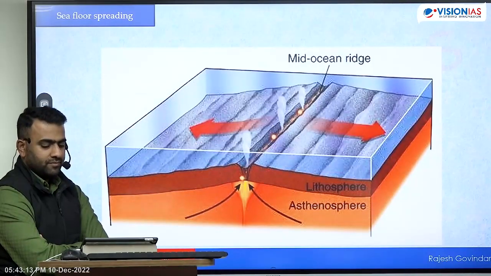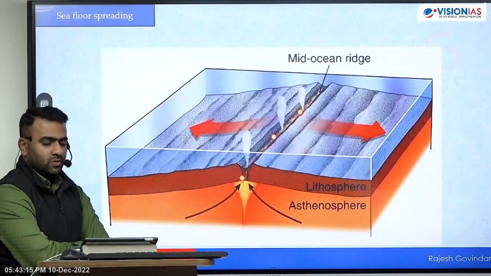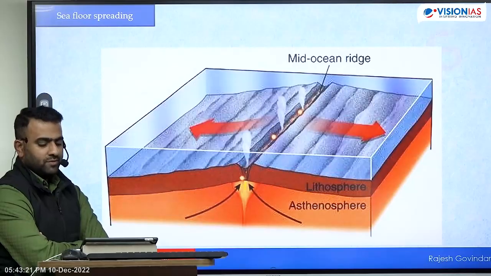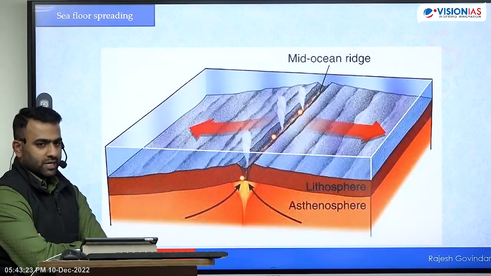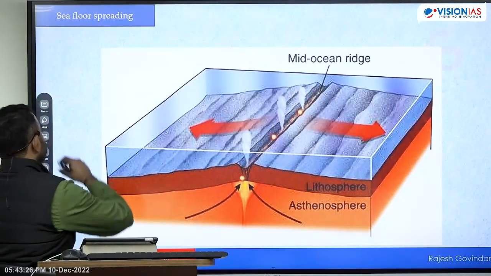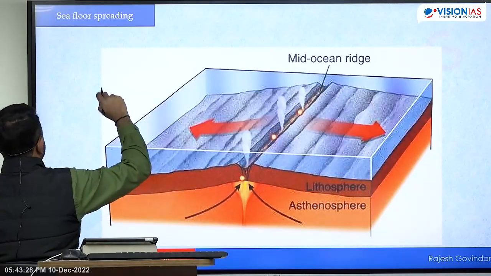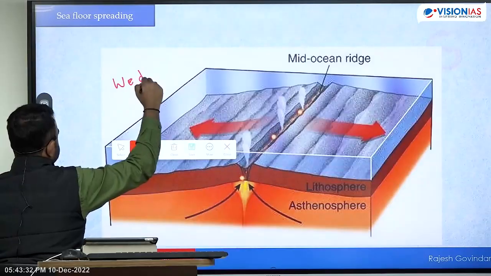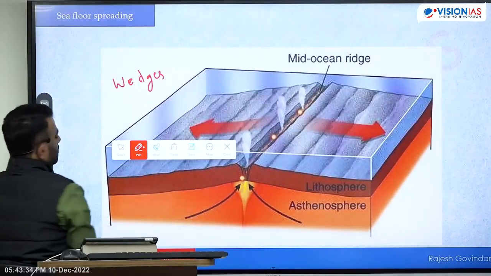Full stop. The new lava wedges onto the oceanic crust.